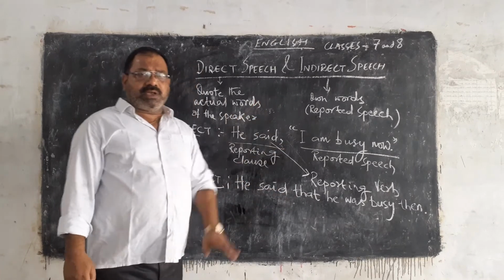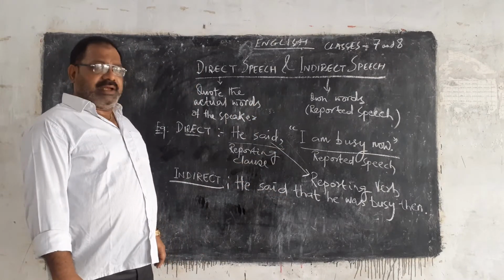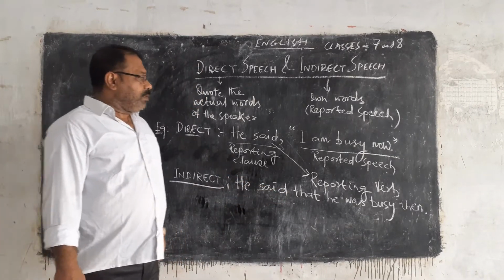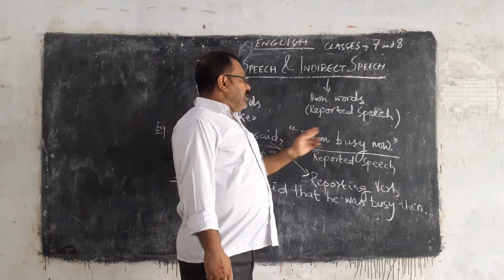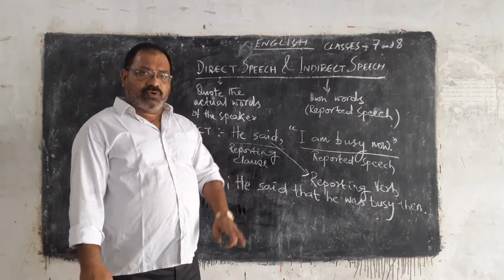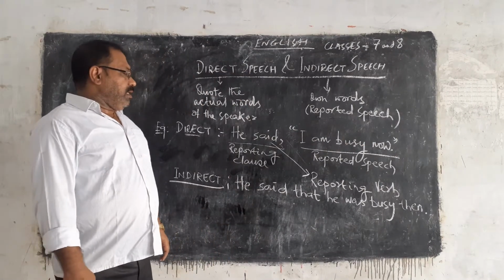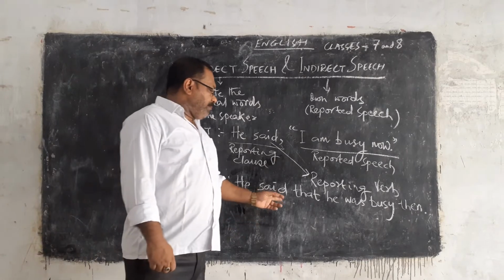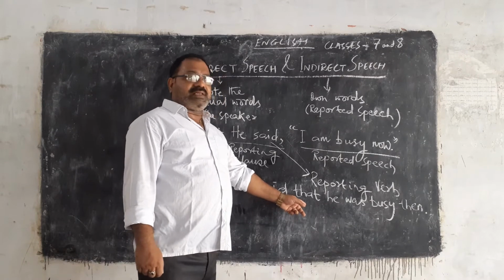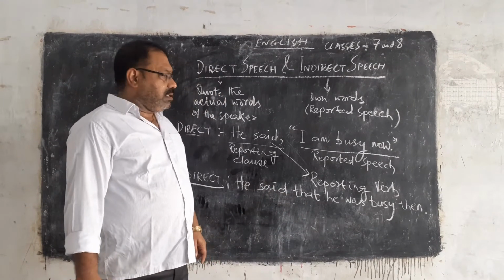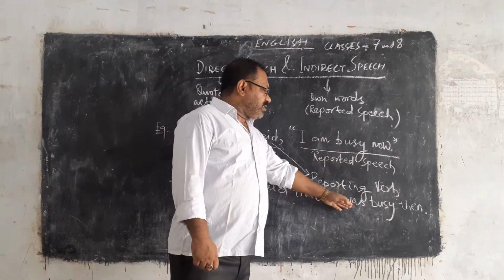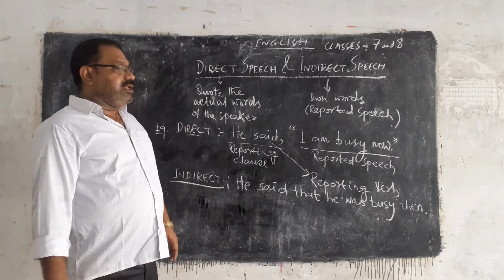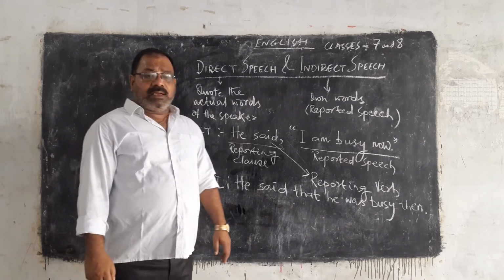We should not put any comma in the indirect speech after the reporting verb. The inverted commas are removed. We introduce the reporting verb with a conjunction that, and gradually we change the sentence according to it in our own words. He said that he was busy then.